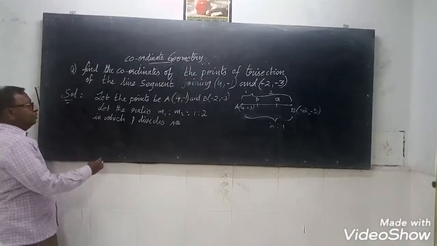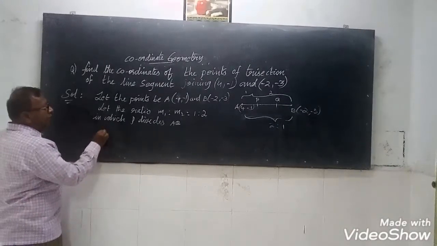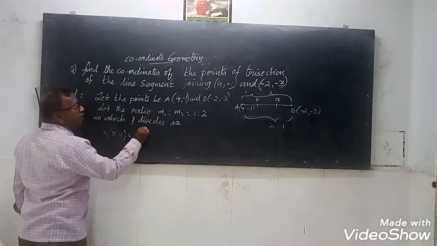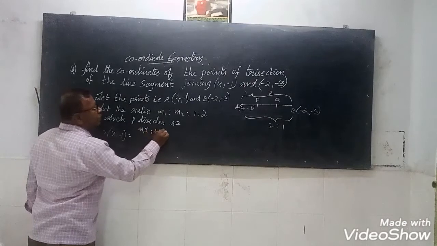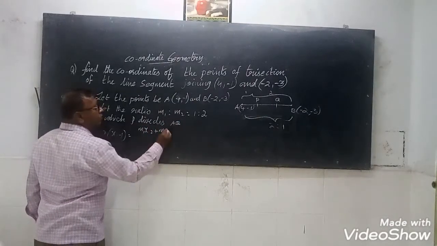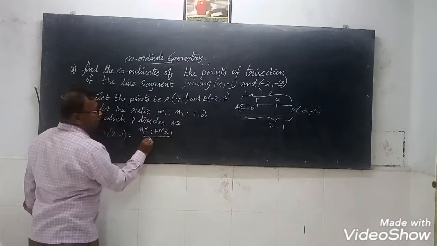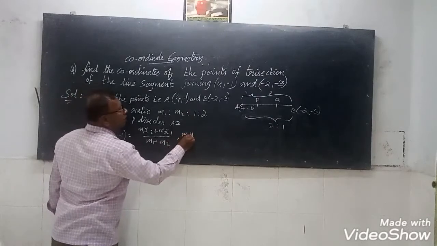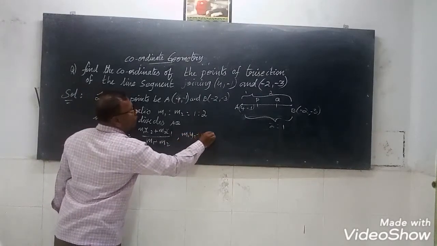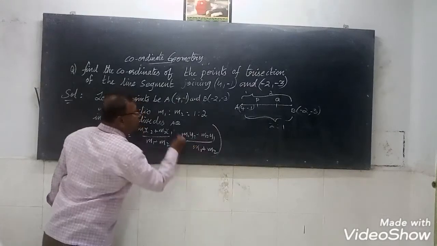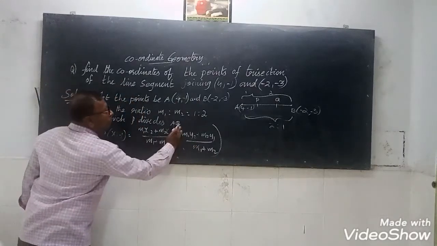First write the section formula. What is the section formula? P(x, y) is equal to (M1 x2 plus M2 x1) by (M1 plus M2), comma, (M1 y2 plus M2 y1) by (M1 plus M2). This is the section formula.